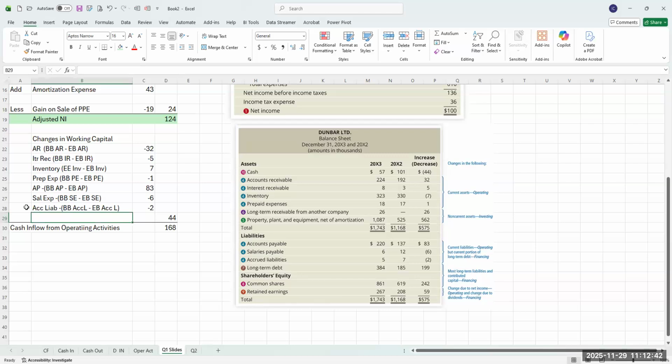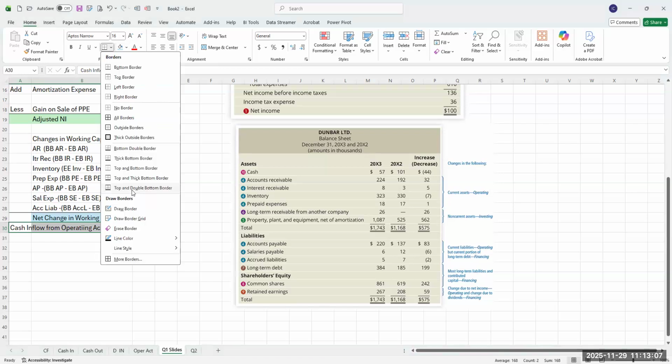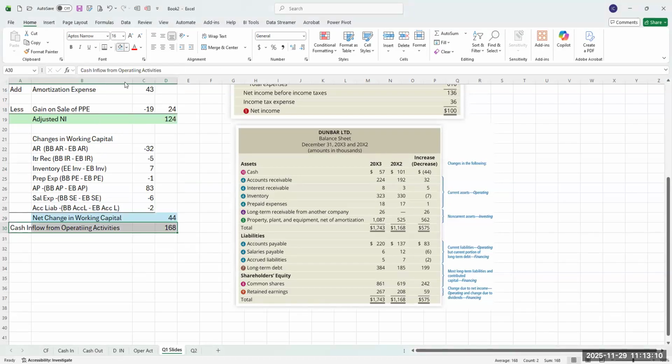And that will be the net change in working capital. And we have that number 2. And that's the cash flow from operating activity. We can close it in that fashion, with that font.